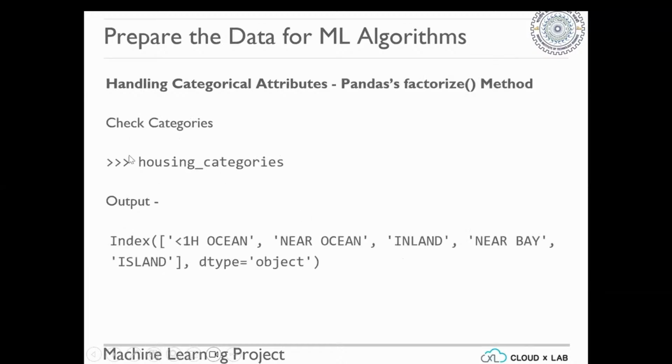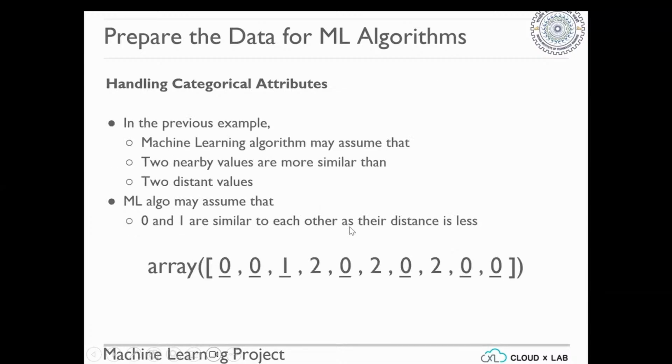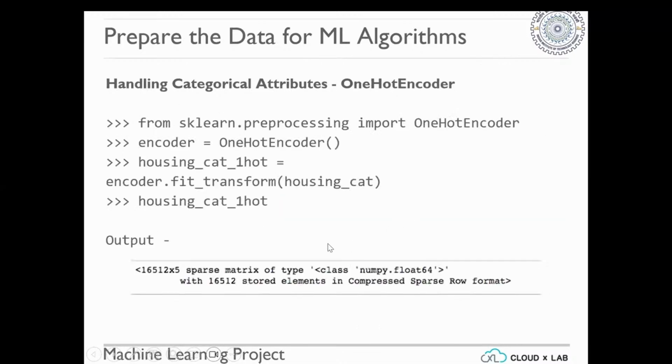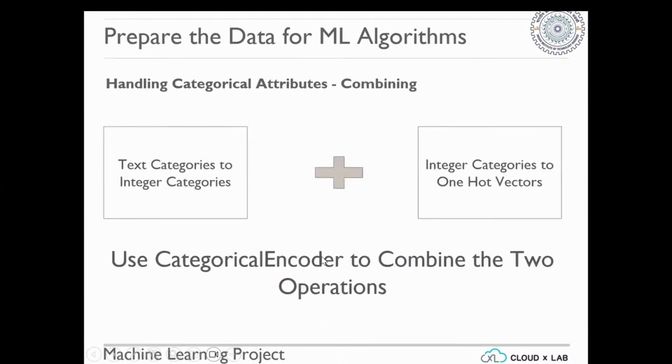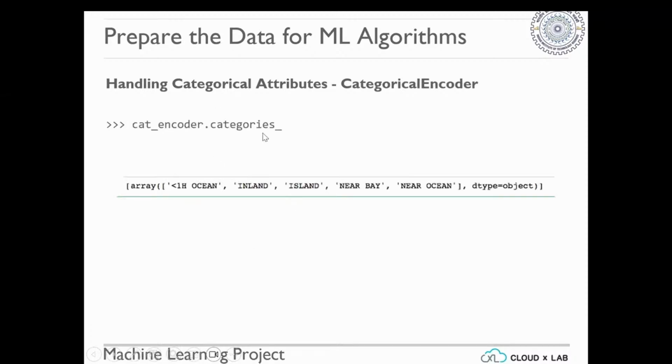It will return two things: first is the encoding, and the second is the categories. So here also, if you want to see the categories, we can use dot categories underscore. It will return the total categories for that categorical attribute, right?